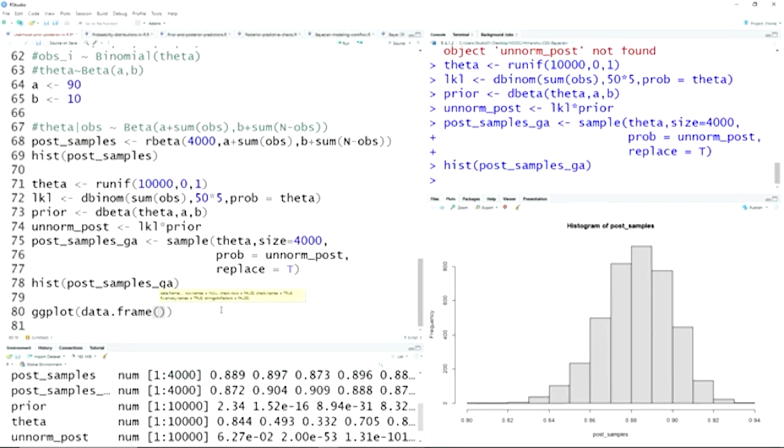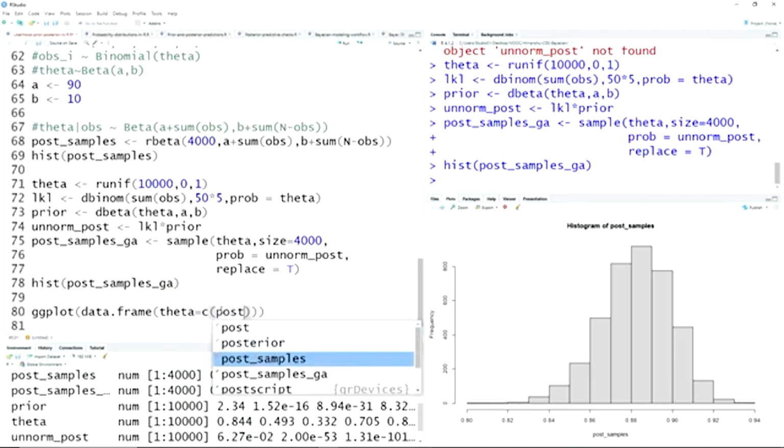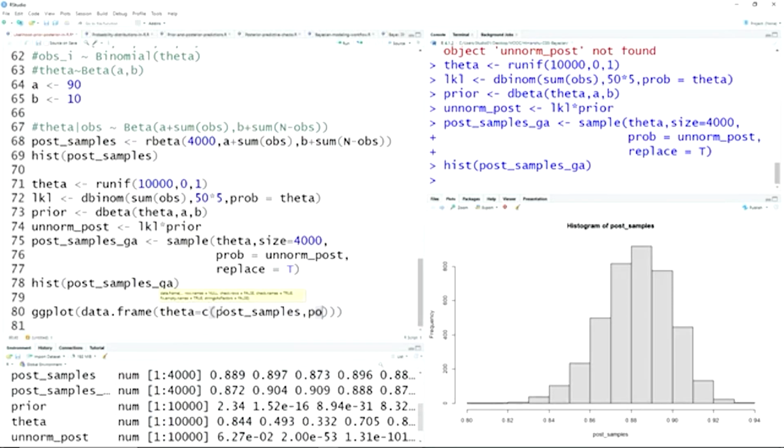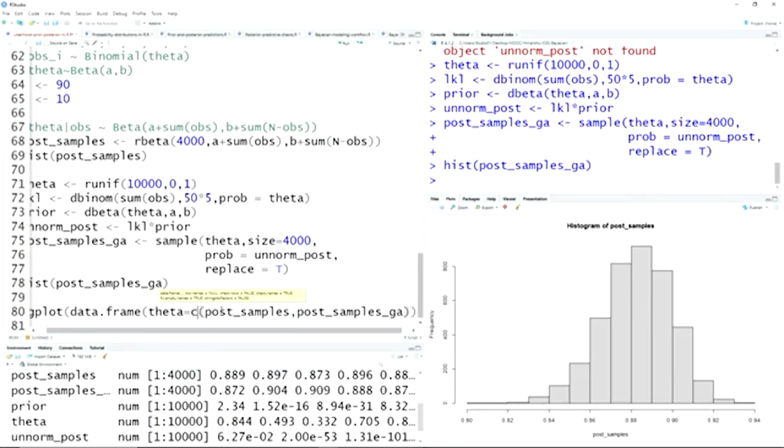So a data frame: theta, the posterior samples of theta, are basically the posterior samples using the analytical approach and the posterior samples using grid approximation, right?